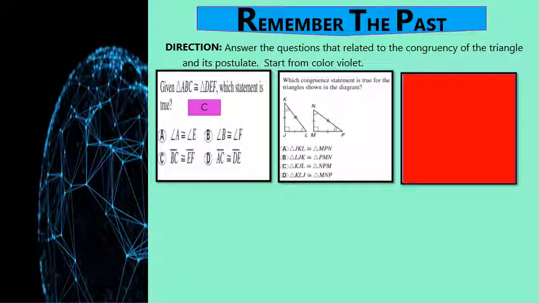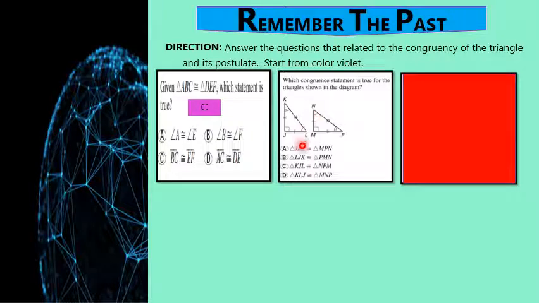So let's have the letter A. Triangle JKL. So I'm going to highlight it. J, where's the J? JKL, then congruent to triangle MPN. What do you think? For letter B, triangle LJK congruent to triangle PMN.